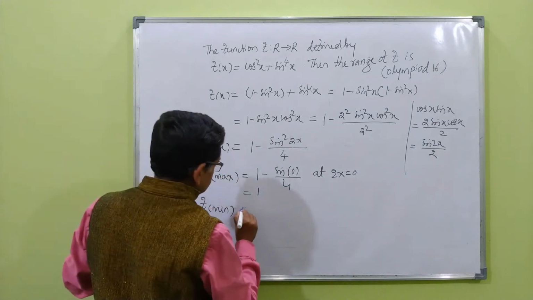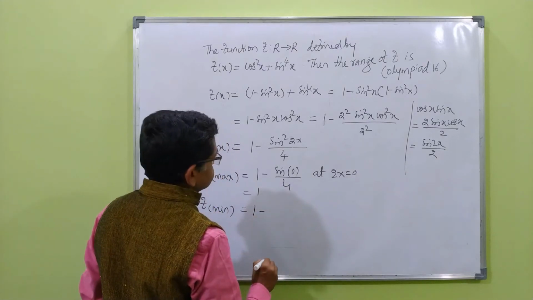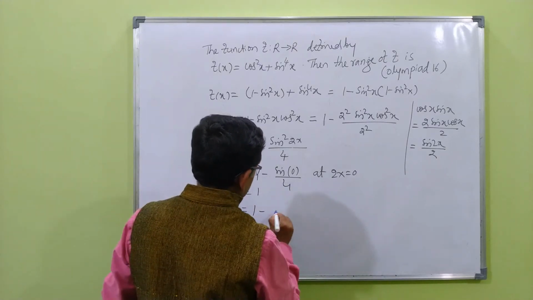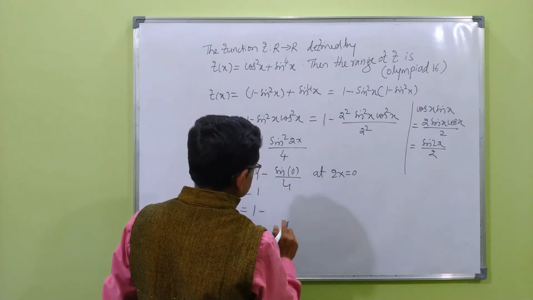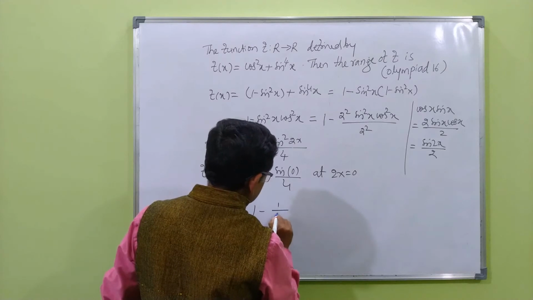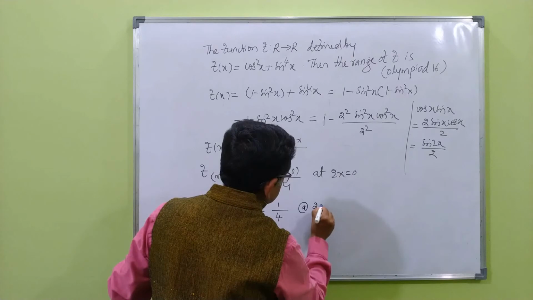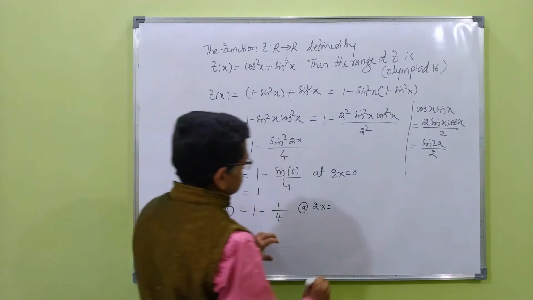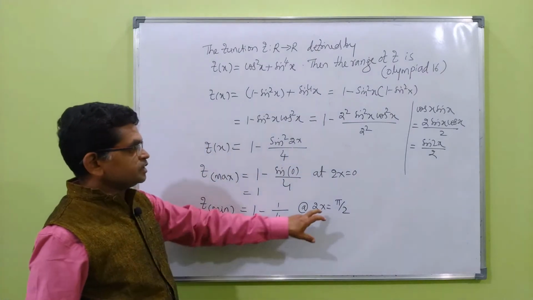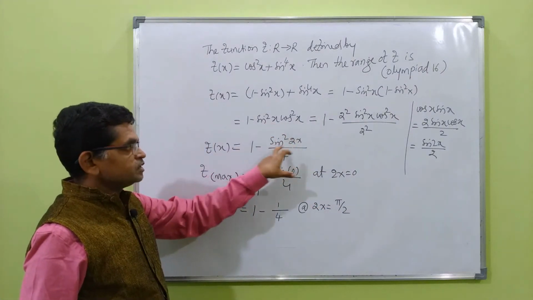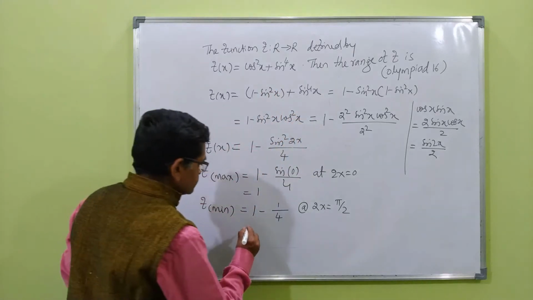So this is 1 minus sin squared 2x over 4, that is 1 minus 1 by 4, at 2x equal to pi by 2, isn't it? At pi by 2, this sin squared theta will be maximum. So this is 3 by 4.